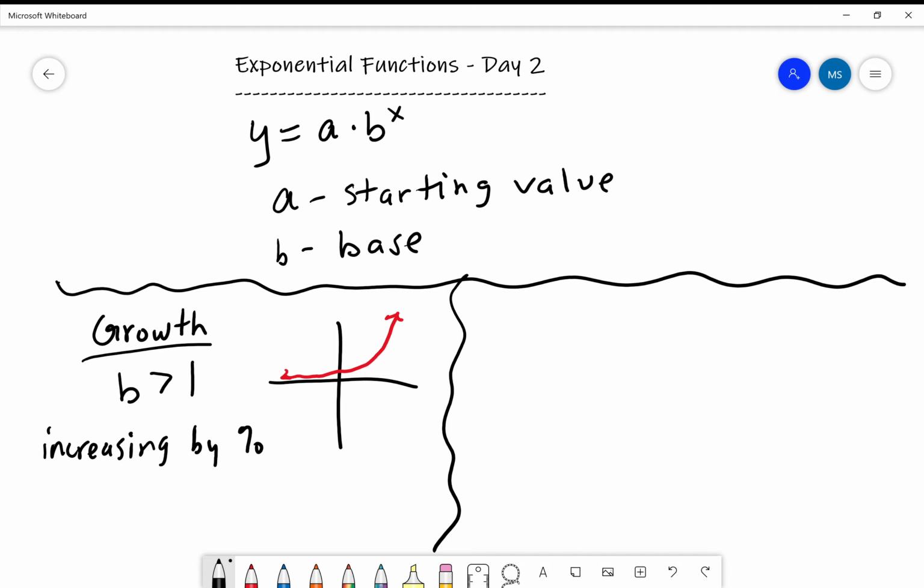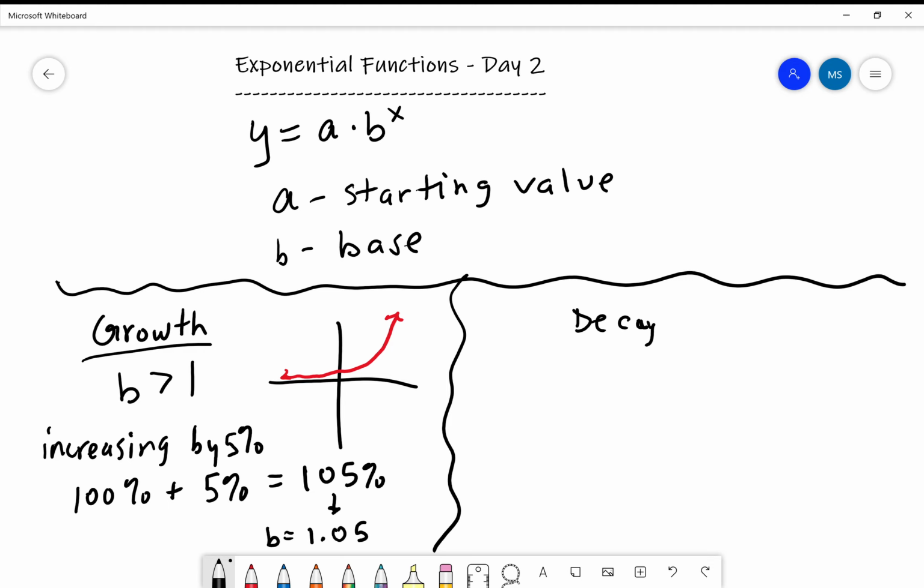If they say it increases by, let's say, 5%, we want to recognize that increase of 100% plus that extra 5% gets us 105%. If we convert that to a decimal, we get 1.05. And that is what our b value is going to be in a scenario where they're saying it increases by 5%.